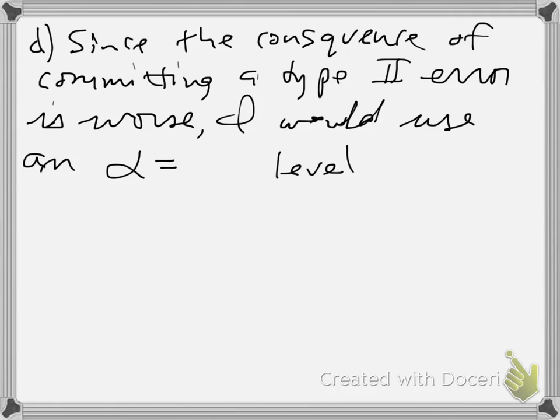Should I use 0.01, 0.05, 0.10? When to use what? If I use 0.01, then I'm not going to be likely to commit a type 1 error. So if I really want to avoid a type 1 error, I'd use a 0.01 level.